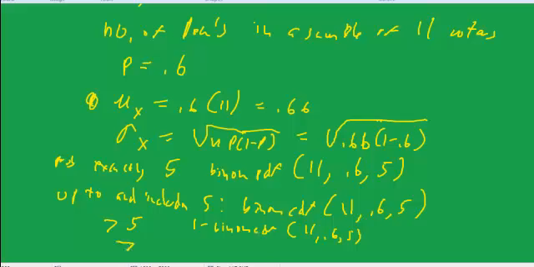And greater than or equal to 5 is a different number. It would be 1 minus binomCDF 11, 0.6, 4, because now we don't want to rule out the 5. So we would use 1 minus binomCDF 11, 0.6, 4.